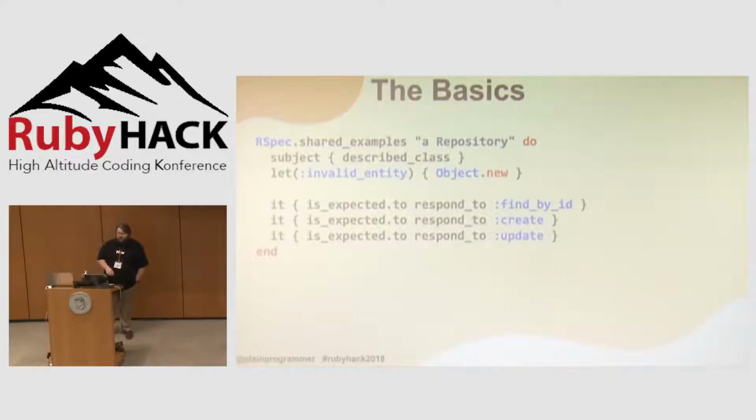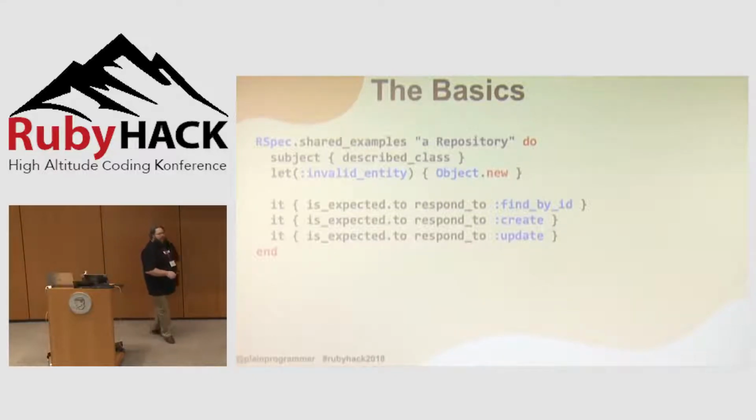I'm then going to say that an invalid entity is just some object. The type doesn't matter for me at this point. And then I'm going to say that my subject, that's what's implied here with the "it is expected to respond to," is a shorthand for the subject is expected to respond to these methods: find by ID, create, and update.